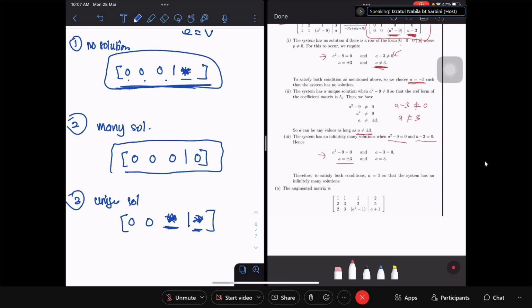So a is equal to plus minus 3 and a is equal to 3. So kita ambil yang sama lah, a equals 3. So our condition will be a is equal to 3 in order for this system to have many solutions. Okay? Okay, understand so far for this type of questions?